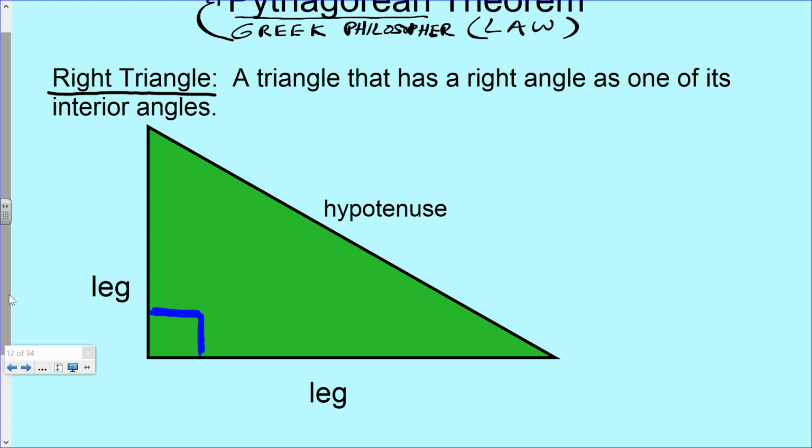And you can see that big fat right angle right here in blue. Remember, this is 90 degrees, right? So if you have a triangle with 90 degrees in it, we call that kind of triangle a right triangle.